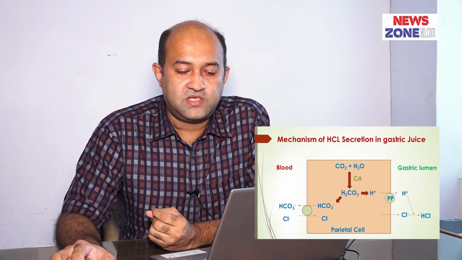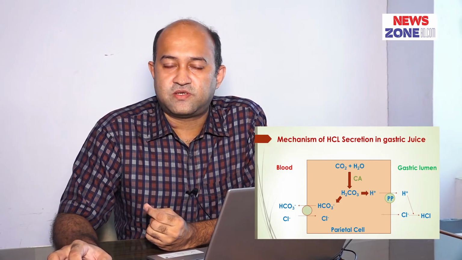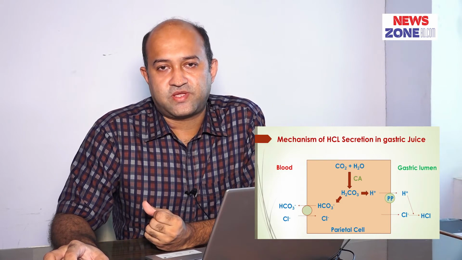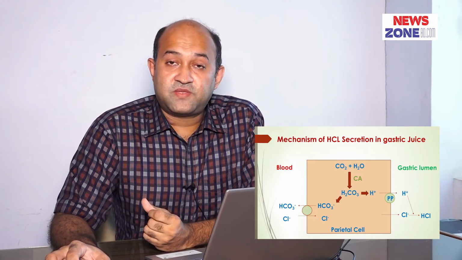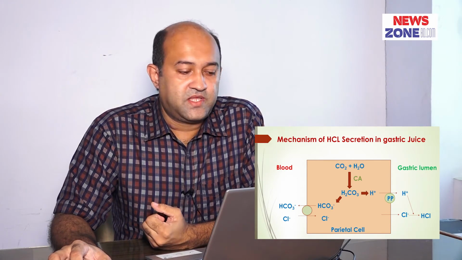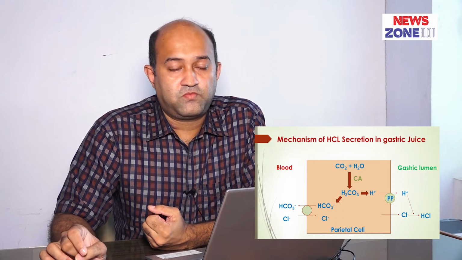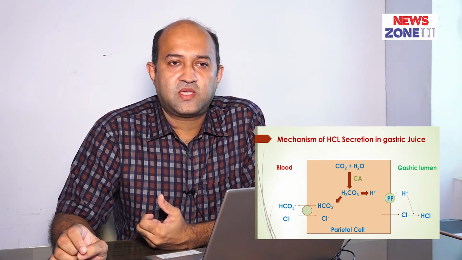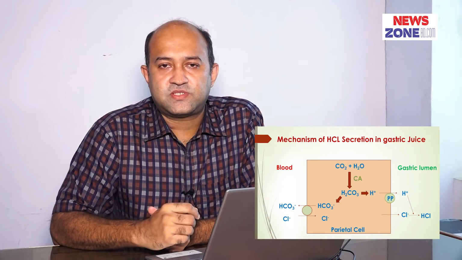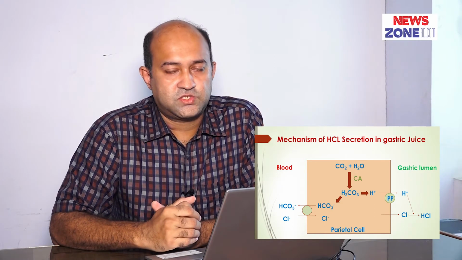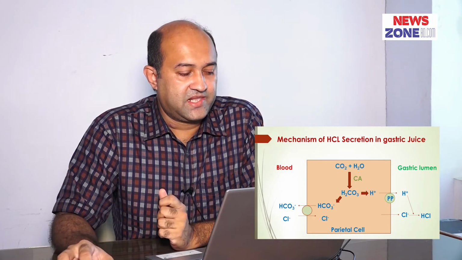This chloride ultimately goes into the gastric lumen through facilitated diffusion and binds with the hydrogen to produce hydrochloric acid. Whenever hydrochloric acid is produced, the alkalinity of the blood increases. It is called alkaline tide or postprandial alkaline tide. Whenever we take a huge amount of food, there is an increase in the alkalinity of the blood.